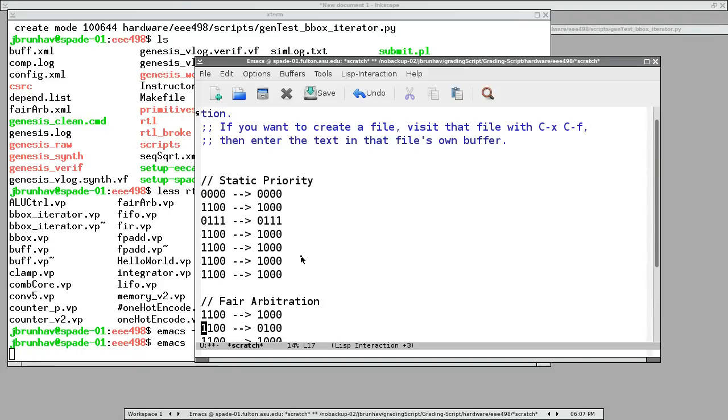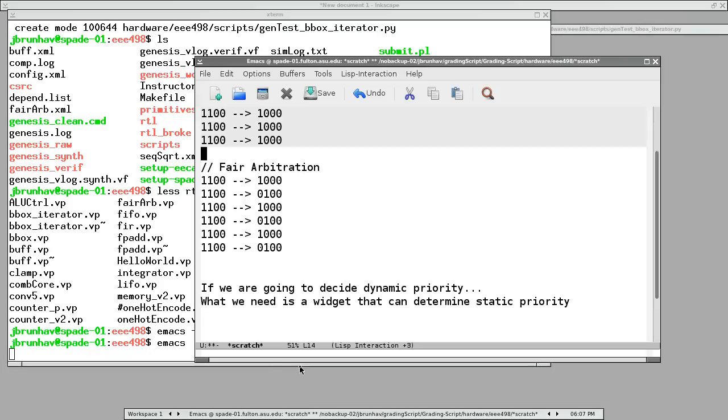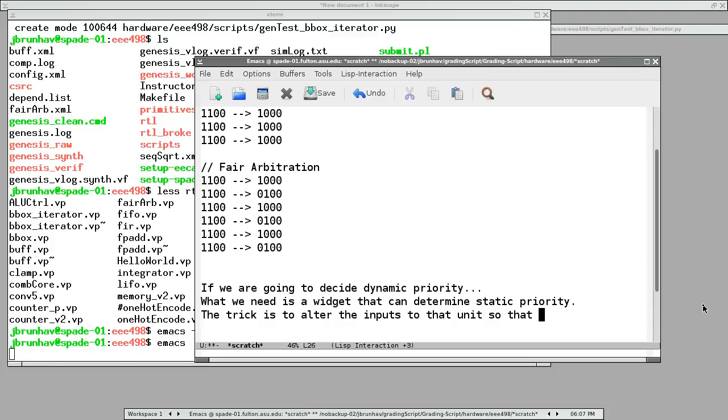So in this case, we want something that implements the first. And then the trick we're going to play is to alter the inputs to that unit so that the effective priority changes.